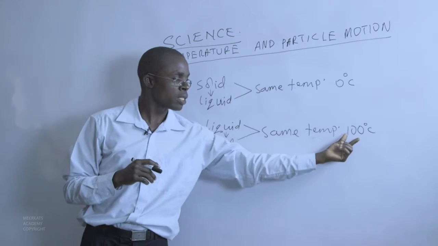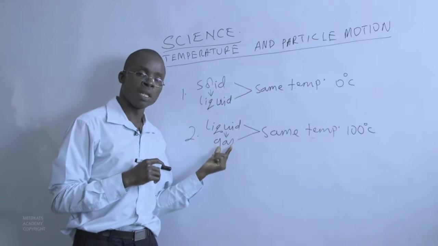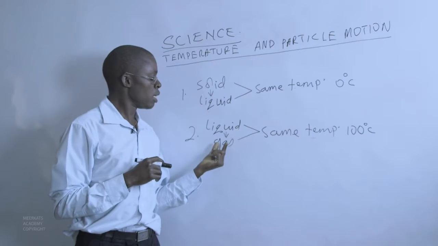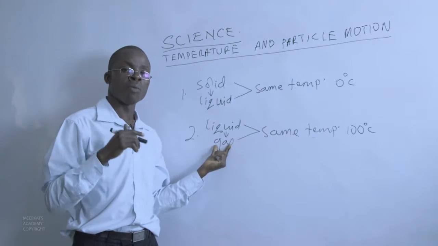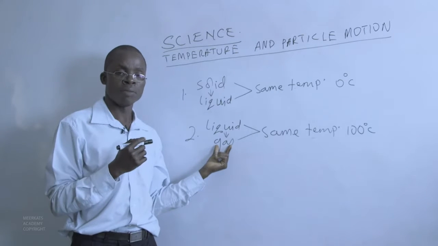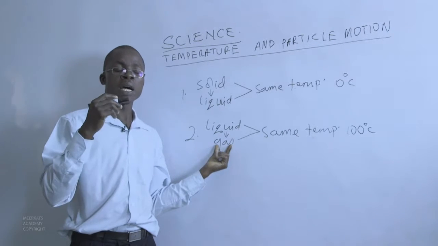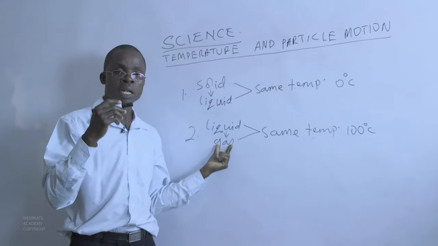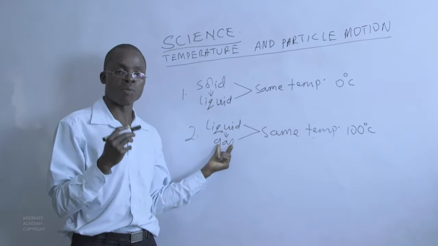Even if it is 100 degrees centigrade for both the liquid and the gas, which is steam, the gaseous particles will have more kinetic energy, meaning that they are at a higher rate of movement, a higher speed of movement.